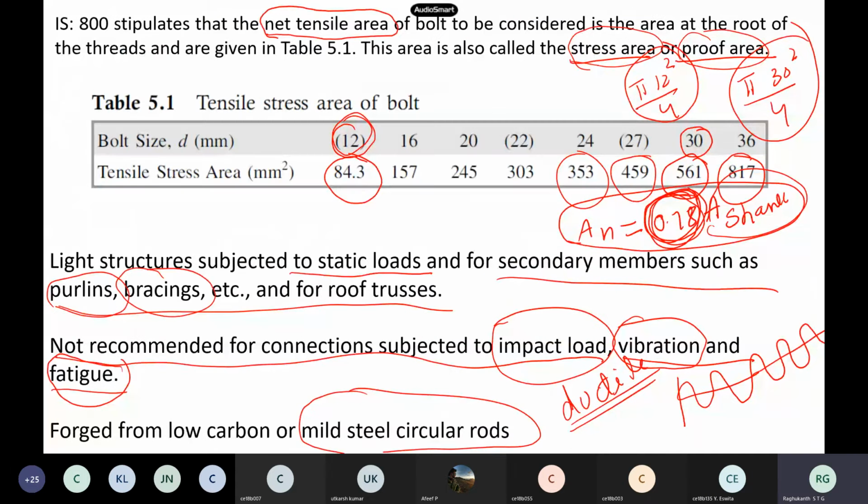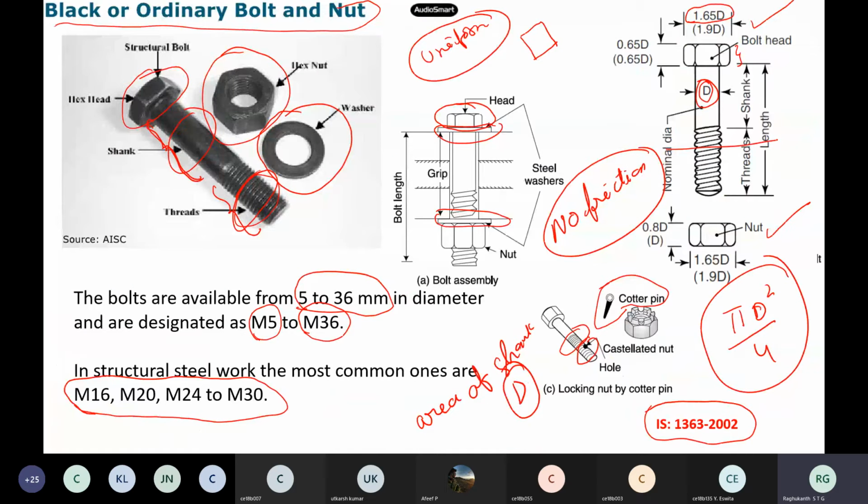Here, net tensile area. If I know the area of the shank, pi d square by 4, the net tensile area will be 0.78 times that. So if the shear plane passes through the thread portion, you use the net tensile area.